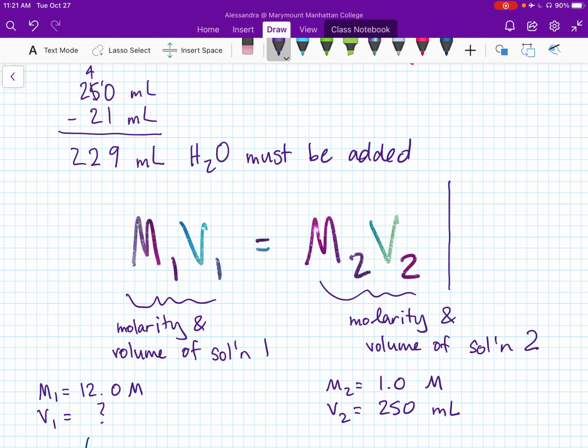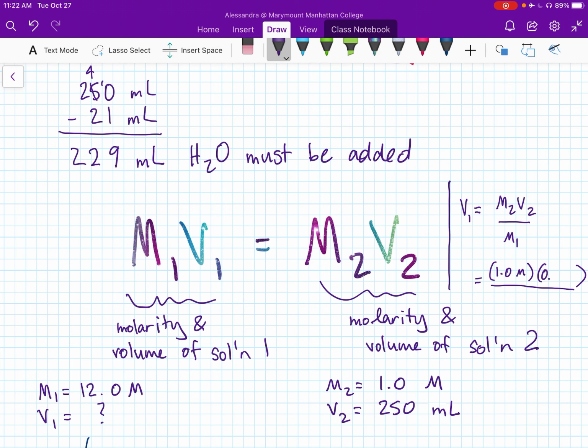V1 is going to be equal to M2V2 over M1. That's going to be equal to 1 molar times 250 milliliters. I can leave it in milliliters, but actually, I don't want anybody to get confused.